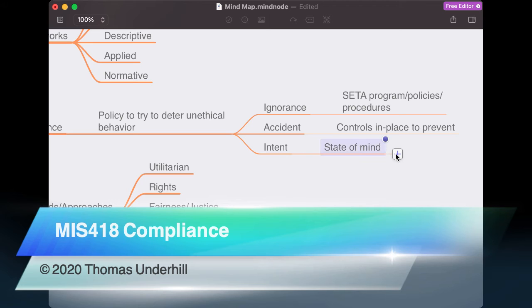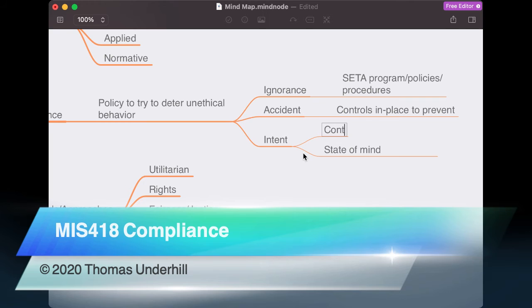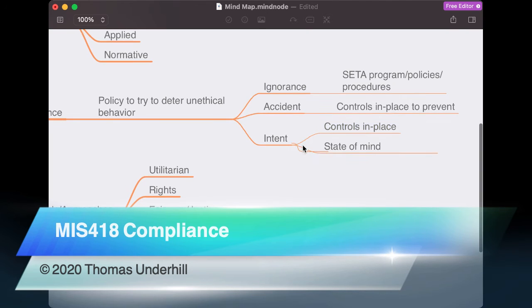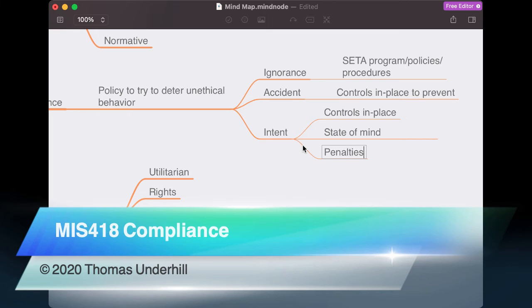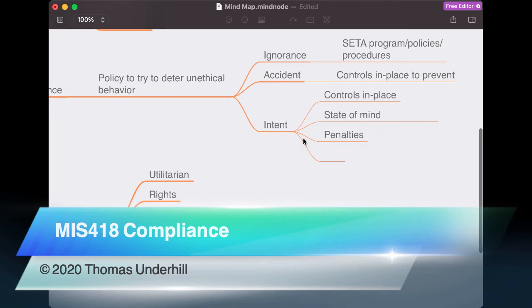We want to have controls in place, penalties, and we want to make sure we have a set of programs and policies.